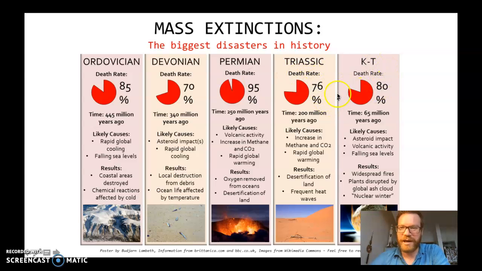Triassic, 76, and the KT, which is probably our most recent one, 80% of things died. Okay? Mass extinctions. That is so much stuff that's dying.